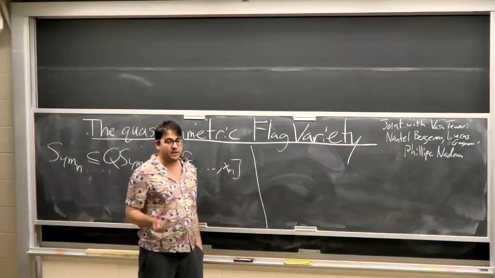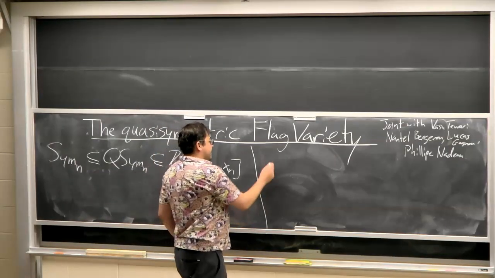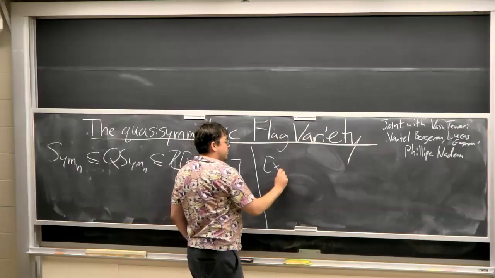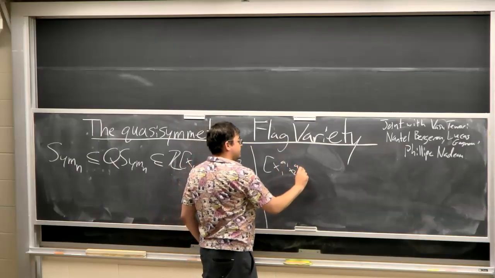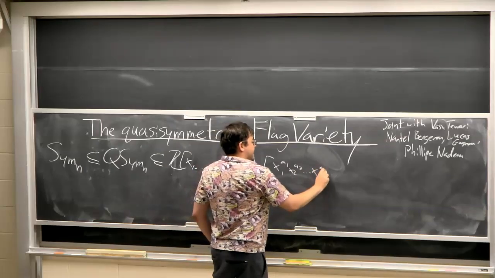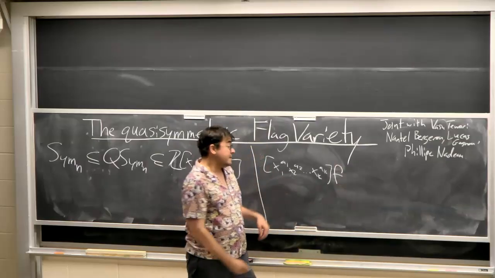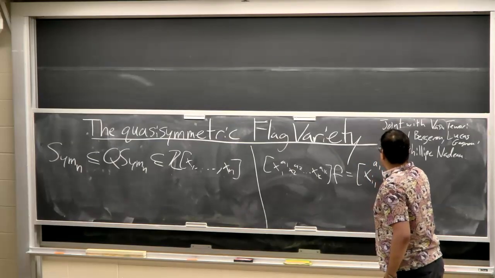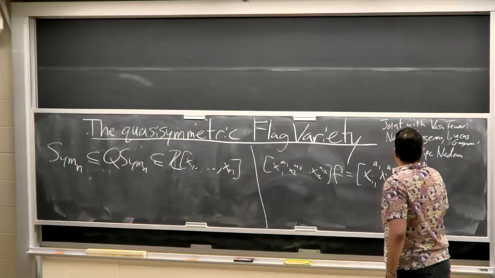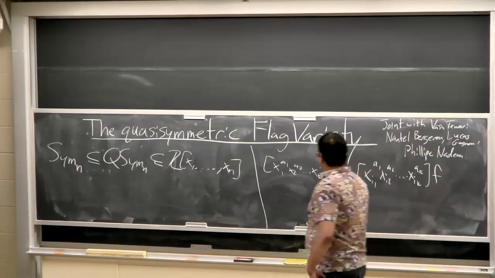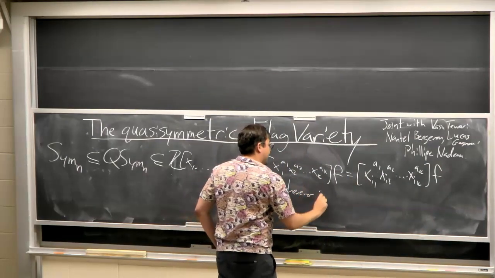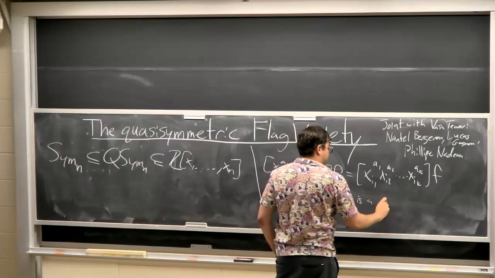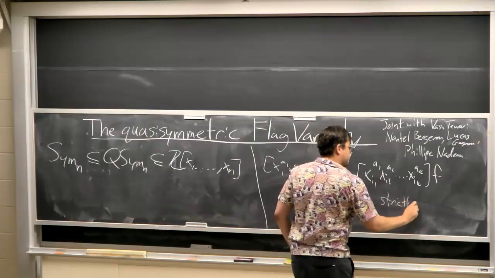One way you can define it is that if I extract the coefficient of x1 to the a1, x2 to the a2, through xk to the ak from my polynomial, this is exactly the same as extracting the coefficient of xi1 to the a1, xi2 to the a2, through xik to the ak, whenever i1 through ik is a strictly increasing sequence.